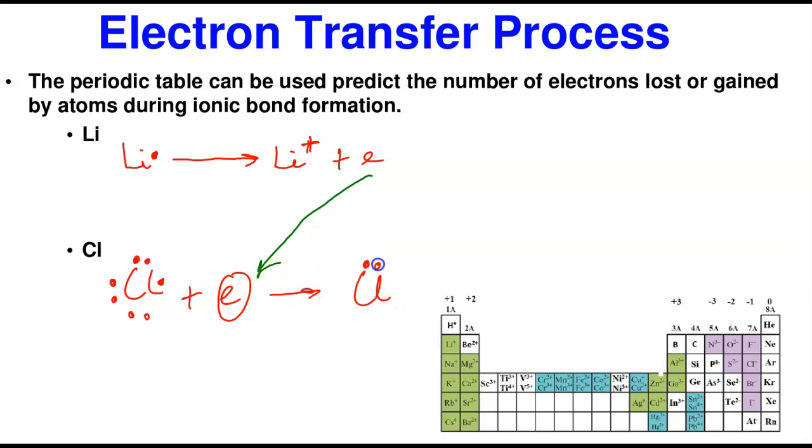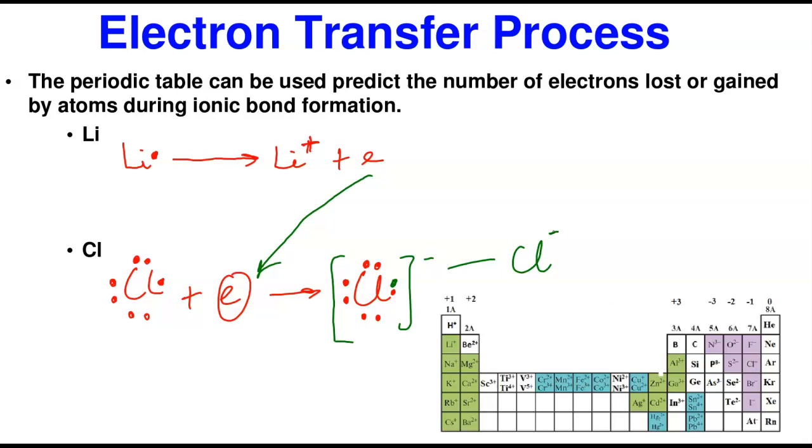It has 7 here already, plus another one that it gains, and this becomes the chloride ion. Most times, we usually write it this way. We don't usually show those electrons, but this is actually what is going on here. So this is a typical electron transfer process.